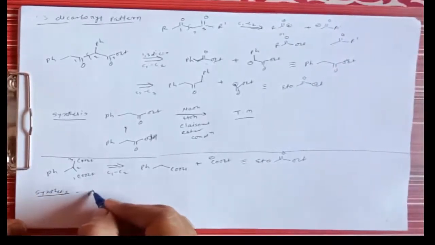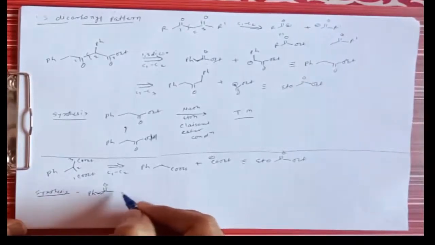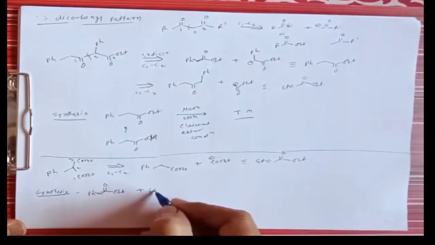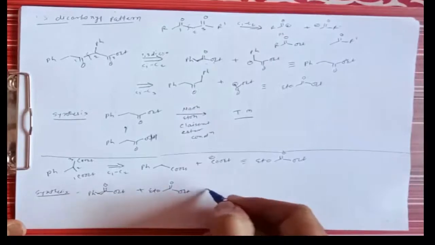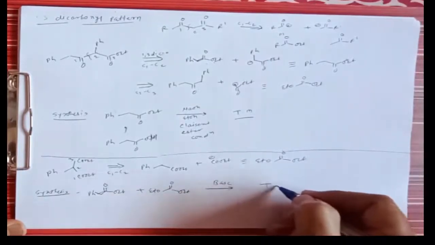In the synthesis, we have to take this ethyl phenylacetate, PhCH2COOEt. Then we treat this molecule with diethyl carbonate in the presence of base. So what does it give? It gives the formation of the target molecule, right?